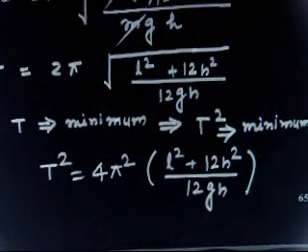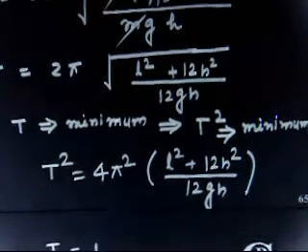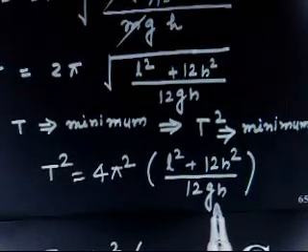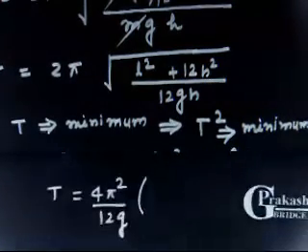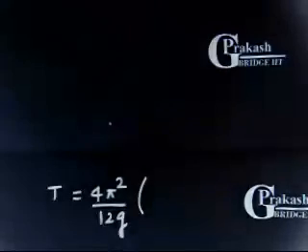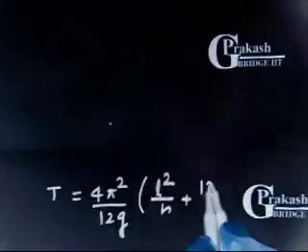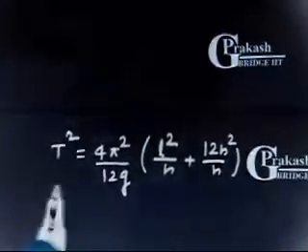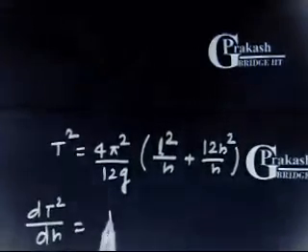So I can use the next page. T square is 4 pi square, and if I want, I can take 12g common, so we will have 12g outside, and you will have L square by h plus 12h square by h. So if I differentiate, this is a constant, so it will remain as it is.